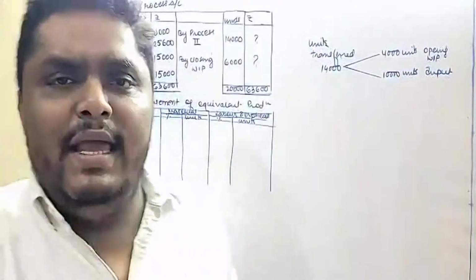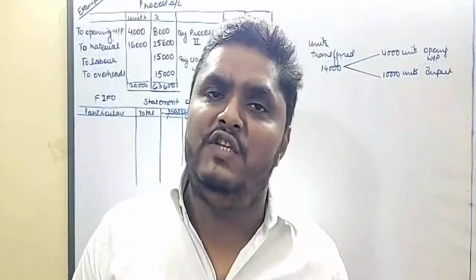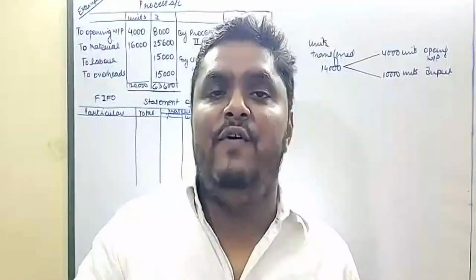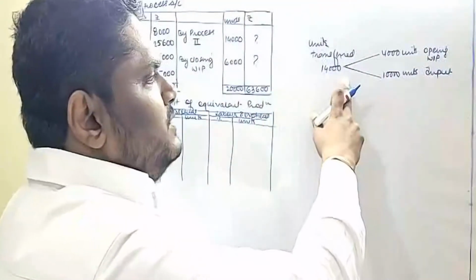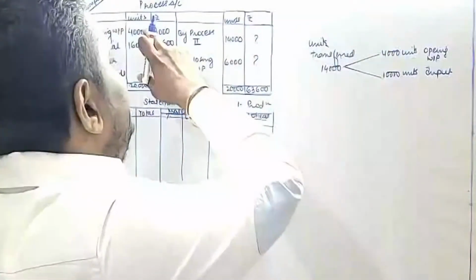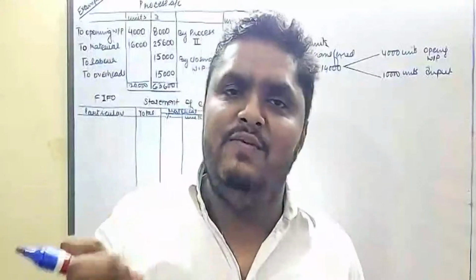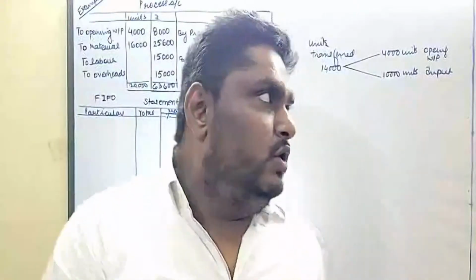I repeat again, guys, since we are transferring 14,000 units to the next process, the name itself says FIFO, first in, first out. So when talking about these 14,000 units, 4,000 units will be transferred from opening work in progress, and the balance will be transferred from the inputs made during the year. So let's start.